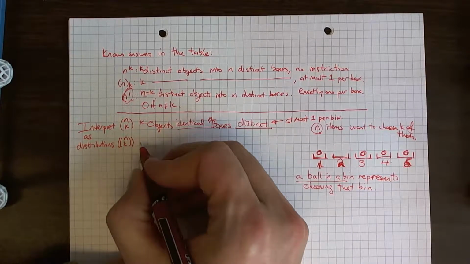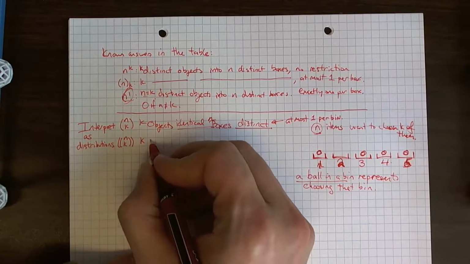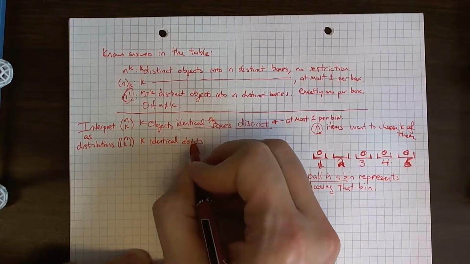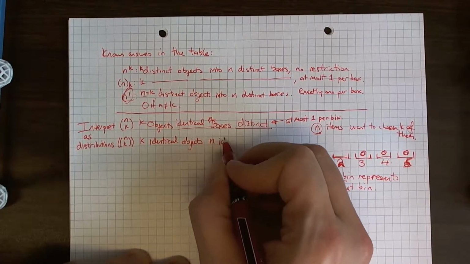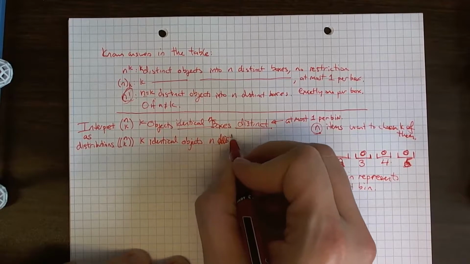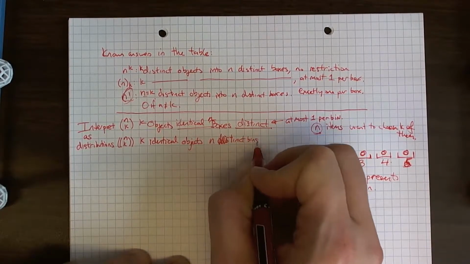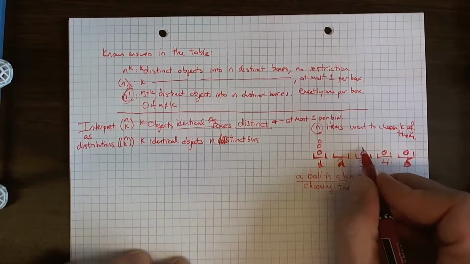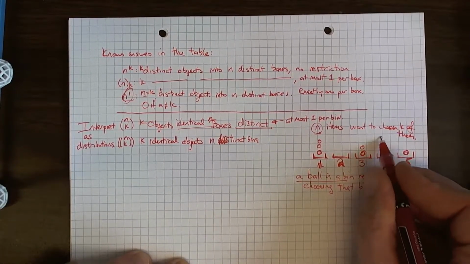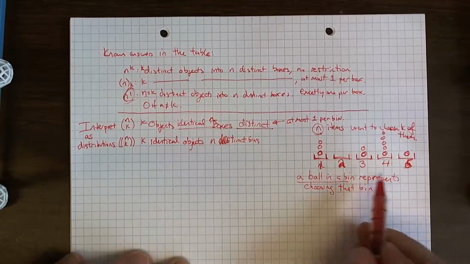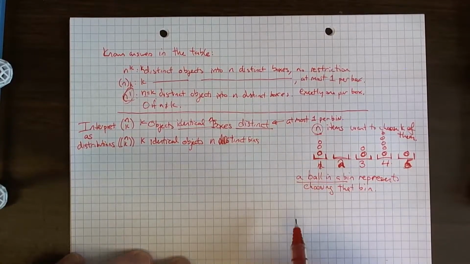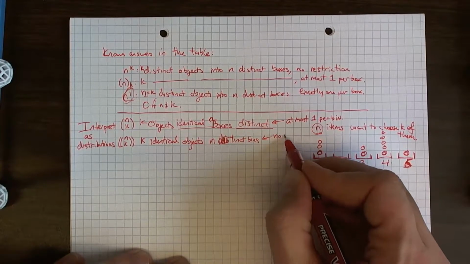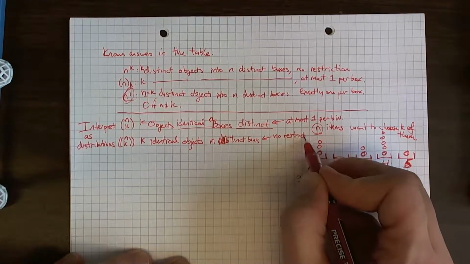On the other hand, if we took identical objects and n distinct bins, and we allowed there to be multiple balls per bin, then this goes back to what we were talking about with MultiChoose, where here we just have no restriction on the size.